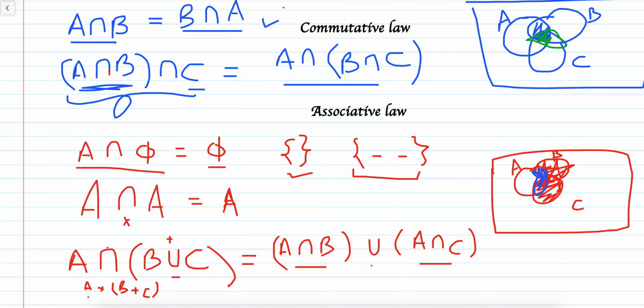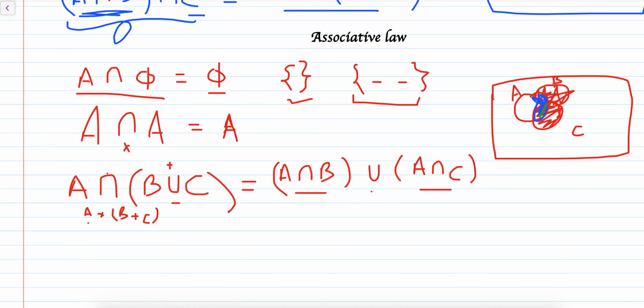Now look at this, A intersection B, this part, and this part. So you can take some example and prove it by yourself. You can also use Venn diagram to prove it. It's very simple. You can remember this, which can be used later.